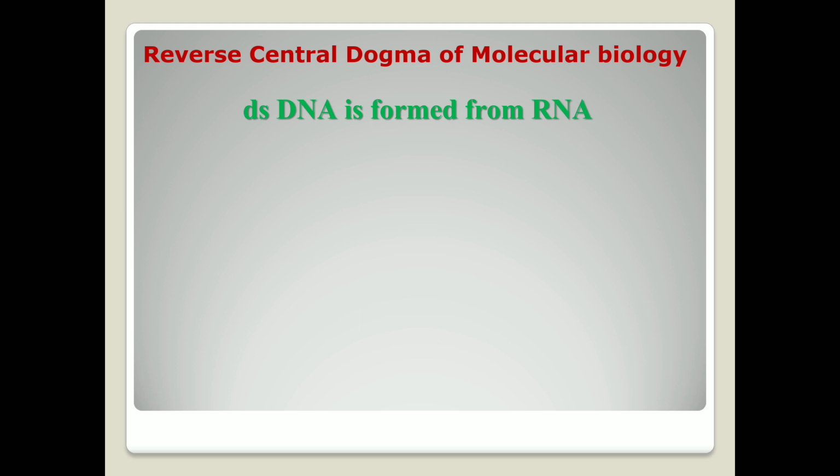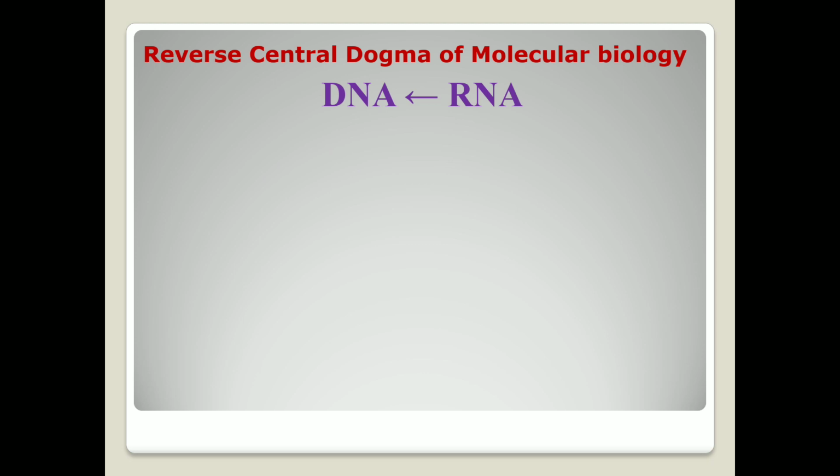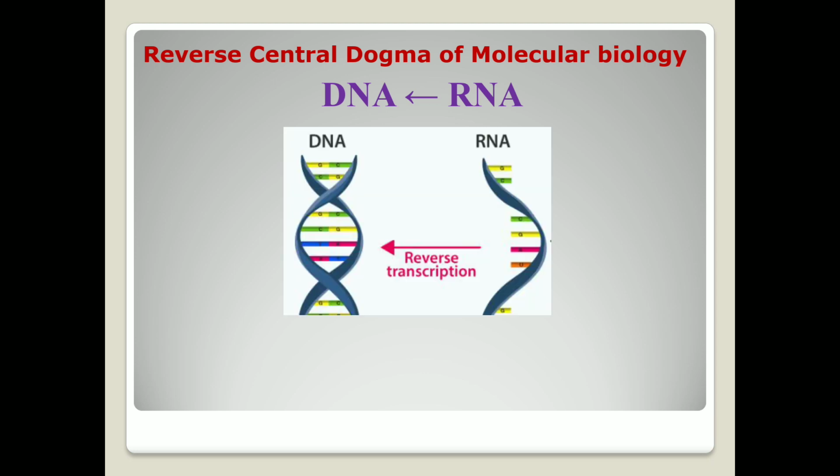According to it, double-stranded DNA is formed from an RNA molecule. It is rarely seen, for example in Rous sarcoma virus, RSV. In this, RNA can form DNA with the help of a process called reverse transcription.